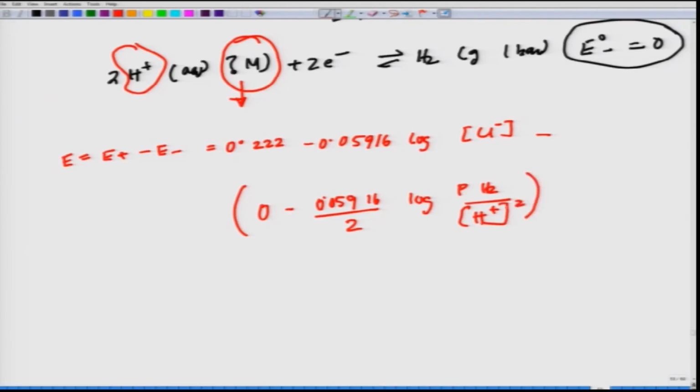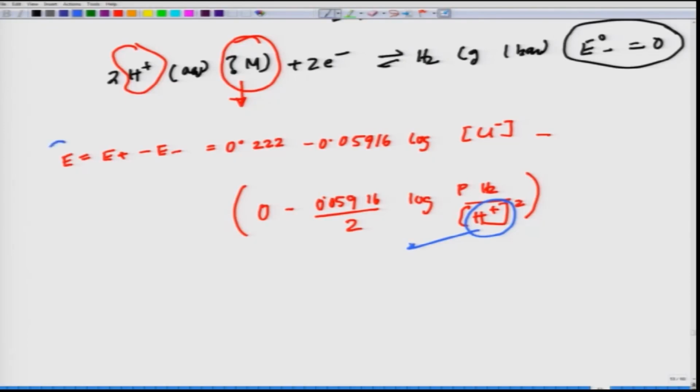Now, what we do not know here is this term. This term is unknown to us. After inserting the known quantities, we discovered that the only unknown is the H plus. So, the measured voltage therefore allows us to find H plus.